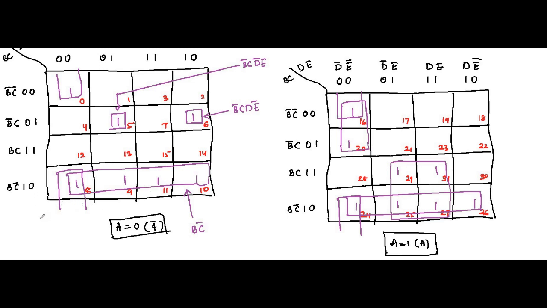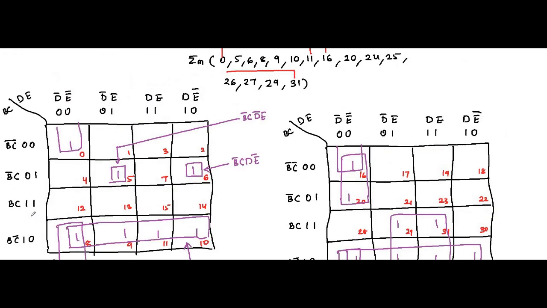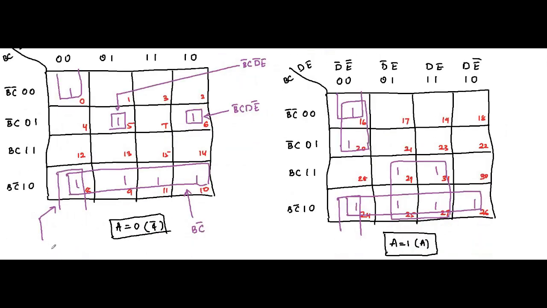Then for this pair, it is C bar common on the horizontal side and D bar E bar on the vertical side: C bar D bar E bar. Now for this K-map, for this quad here, it is B C bar common. For this quad here, it is B on the horizontal side and E on the vertical side.